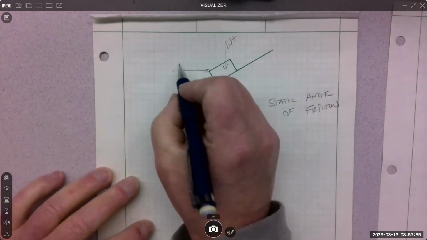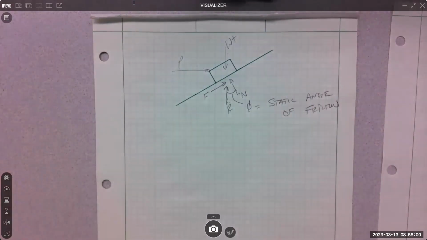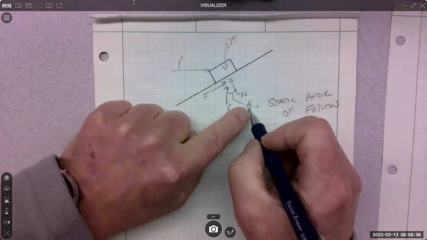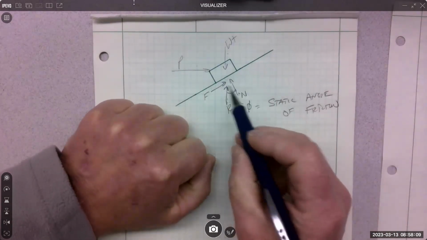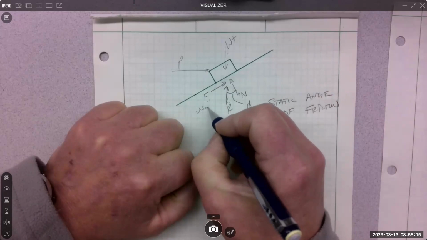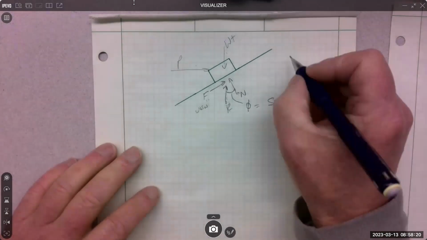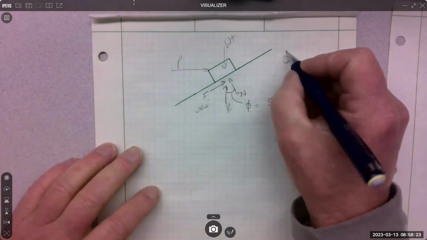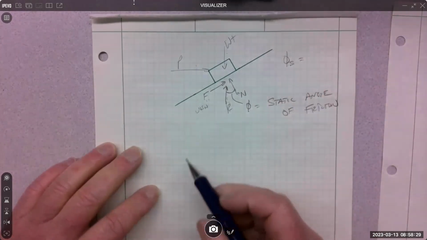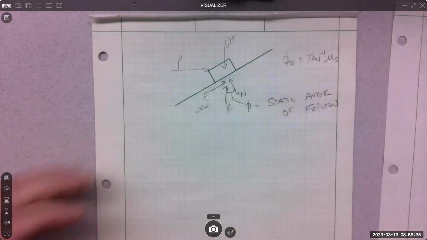We had P here, so we would end up with three forces, 1, 2, 3. You can get this static angle from the relationship between F, N and R, and I know F equals mu S N. They just give you the equation: if you know the static angle, you can calculate that angle from the coefficient. It's tangent inverse of the coefficient.